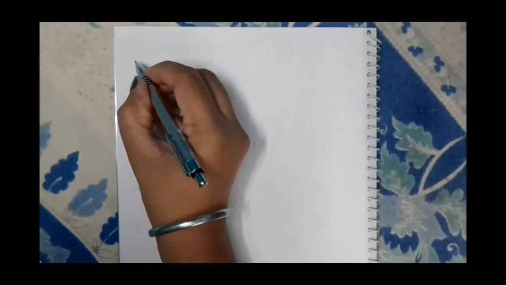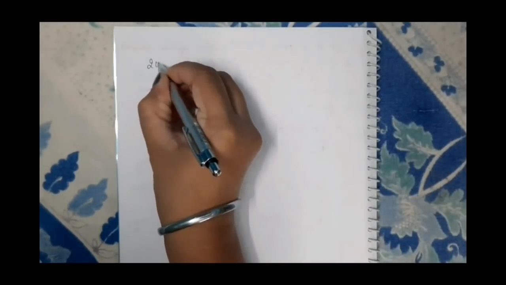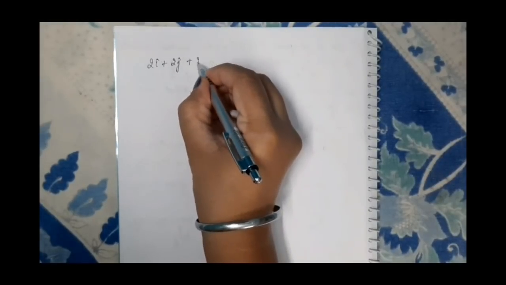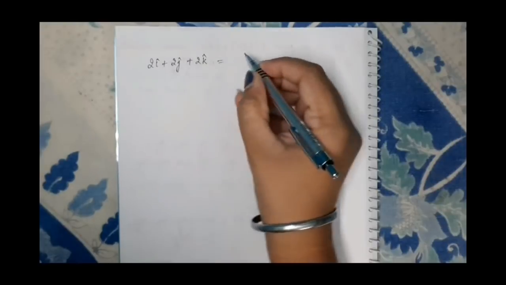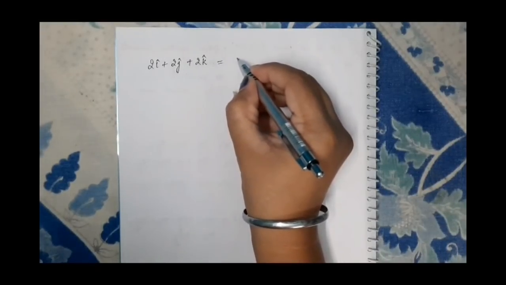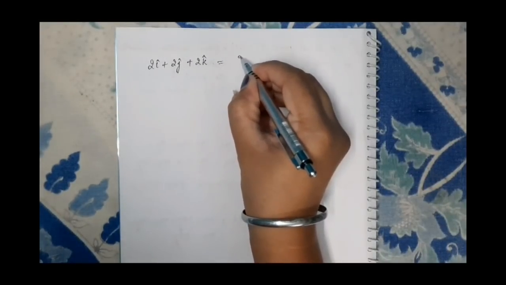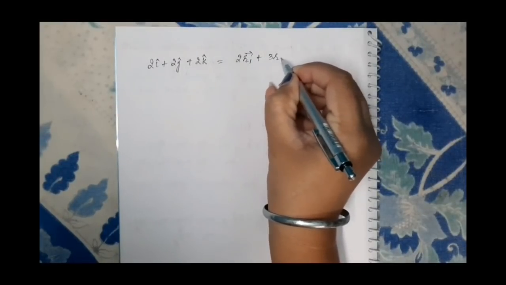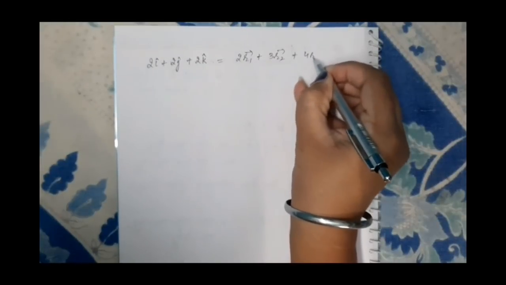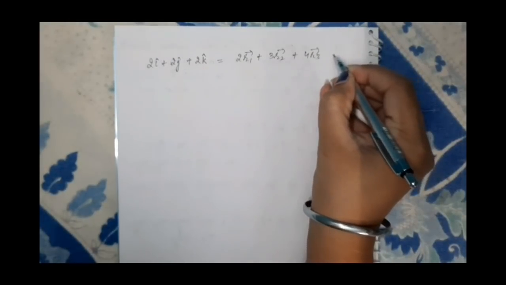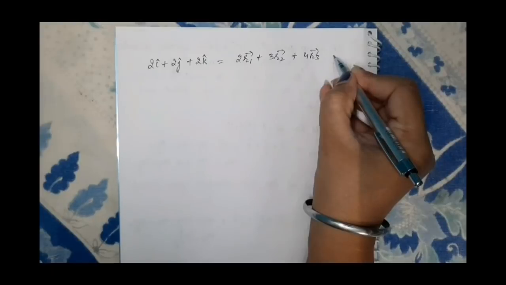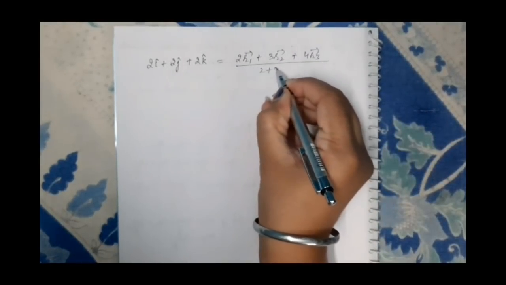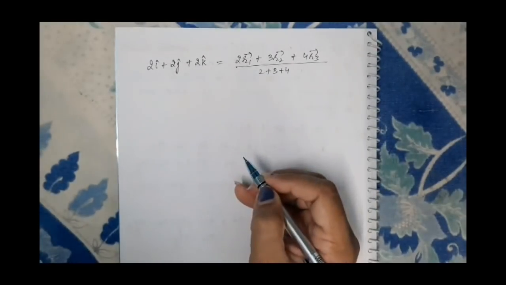According to the new position of center of mass, which is 2i cap plus 2j cap plus 2k cap, its position vector will be equal to m1r1, means 2r1 vector, plus m2r2, 3r2 vector, plus 4r3 vector. And now this fourth mass, that is 5 kilogram, has been removed. So we have 2 plus 3 plus 4, m1 plus m2 plus m3.